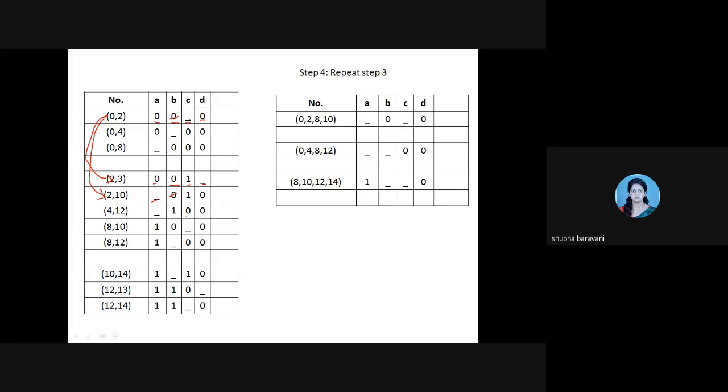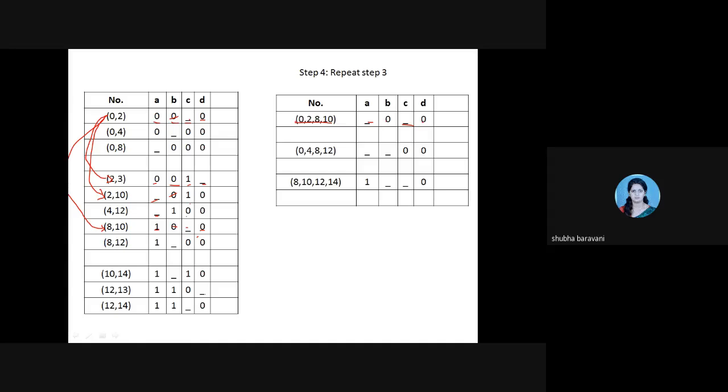However, if I compare 0 2 next with 8 10, see, 0 changes to 1. Here B is the same, don't care is don't care, 0 is 0. So what I did is take 0 2 8 10 as don't care 0 don't care 0.